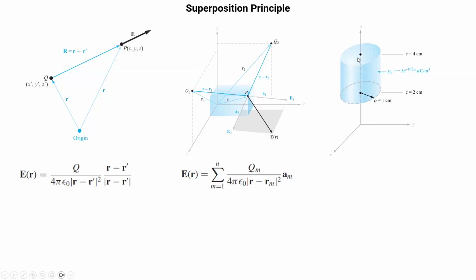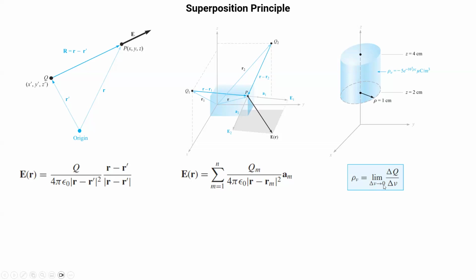Because instead of calculating the electric field from a complex object, you can discretize this object into small pieces, calculate the electric field from each piece, and then sum up all these contributions. Essentially, this is the approach we use for numerical simulations.